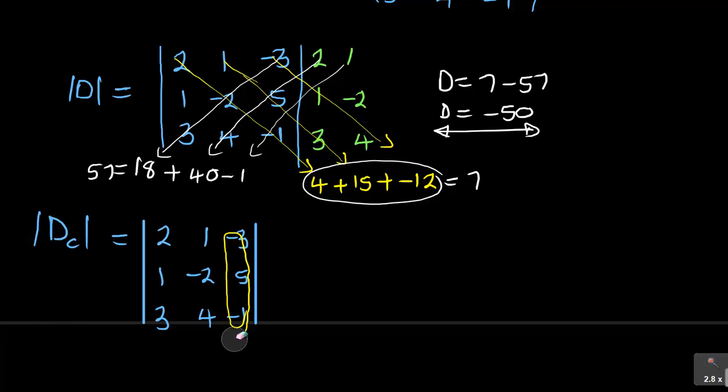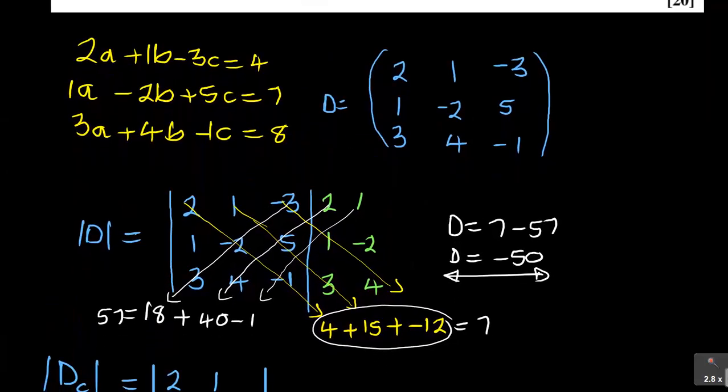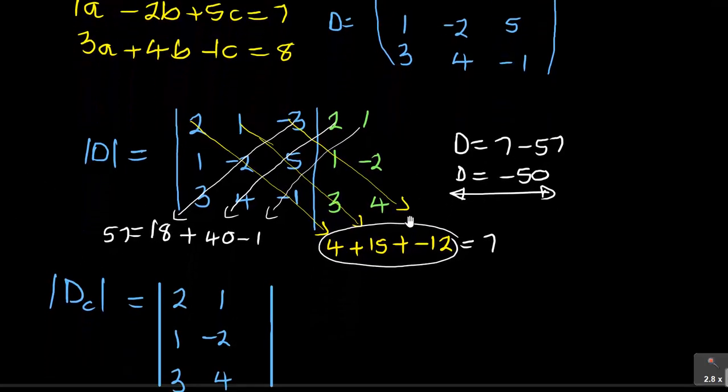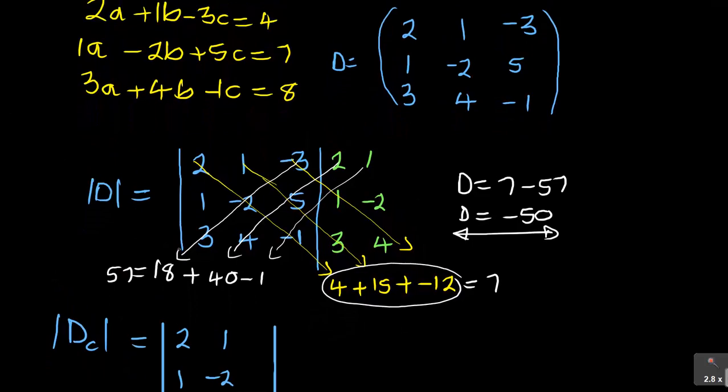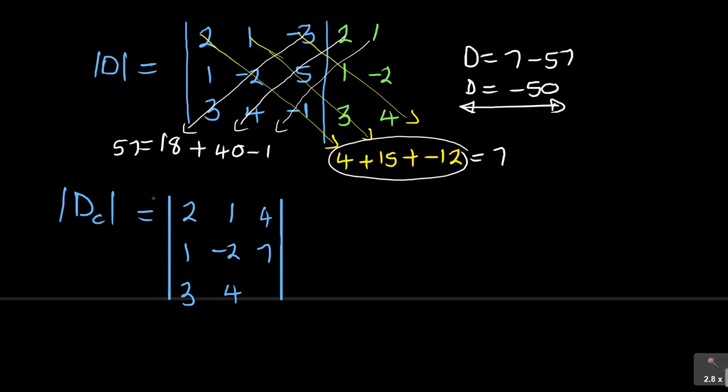So if I erase the part for C, instead of writing those values for C, the values that I'm going to write are the values that are going to represent C, which is 4, 7 and 8. So those are the values that I'm going to use in place of C. So the first one is 4 in this case, and then I've got 7, and then I've got 8.